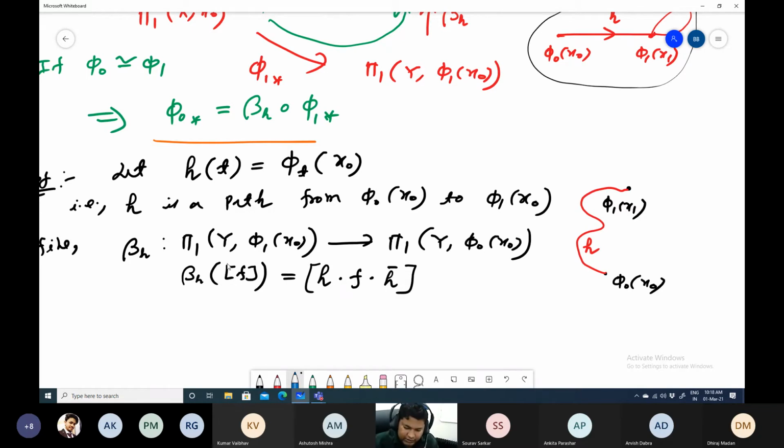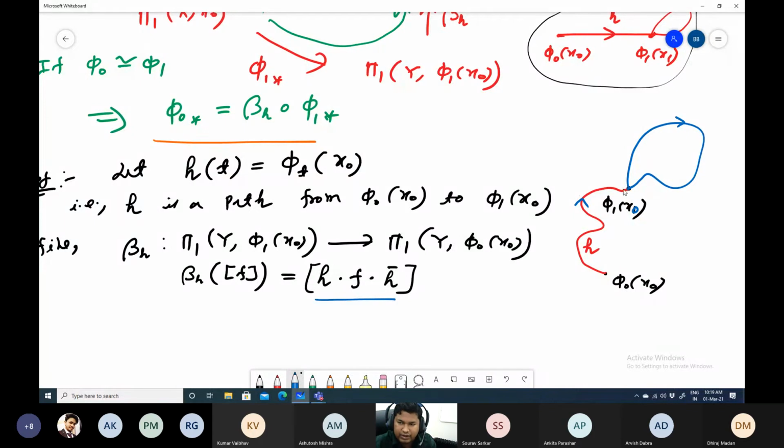Now what is the case? What is f? f is a loop from phi1(x0). Suppose this is a loop in phi1(x0) with base point phi1(x0). Now what is this loop? This loop is from h. Now its base point is phi0(x0). Why? We go from phi0(x0) to phi1(x0) by the map h, in this direction, and we have a round here.